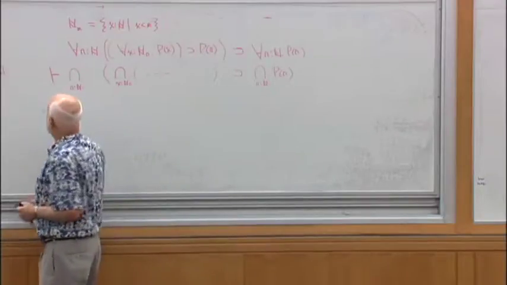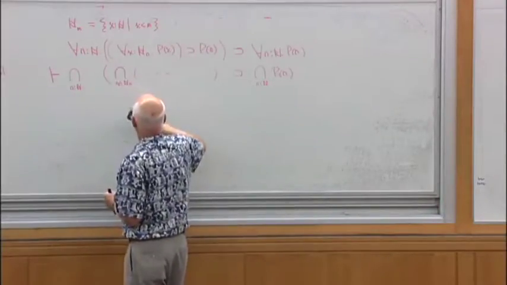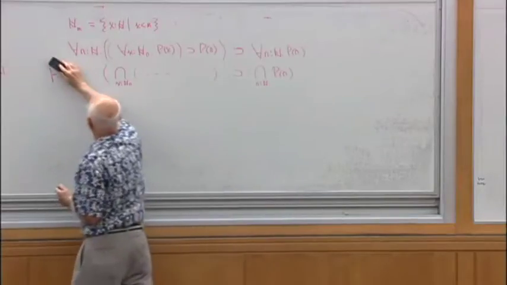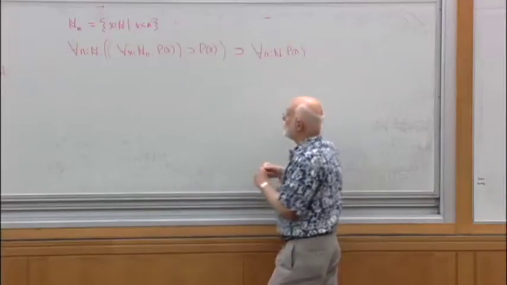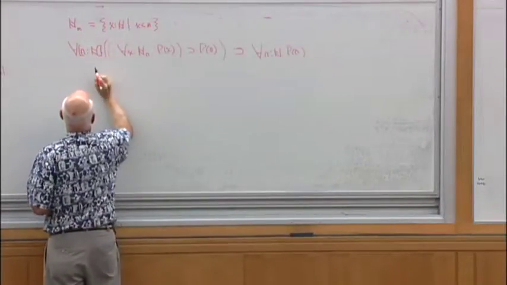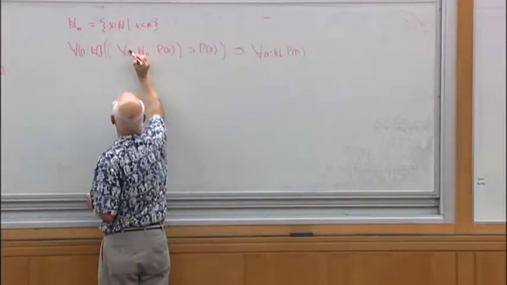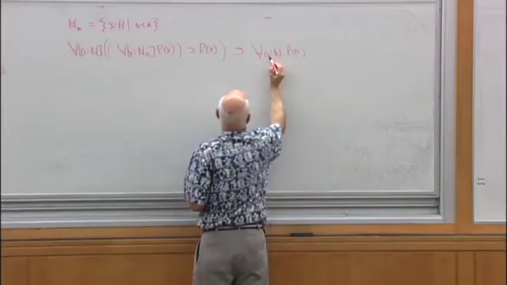So let me give myself a little more room for this proof by reminding us now that we're going to do these uniform quantifiers here. So all the quantifiers are uniform.